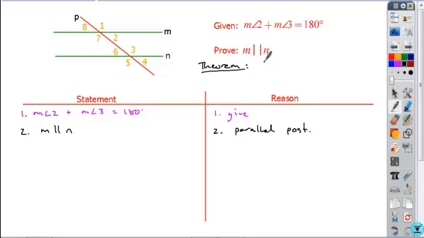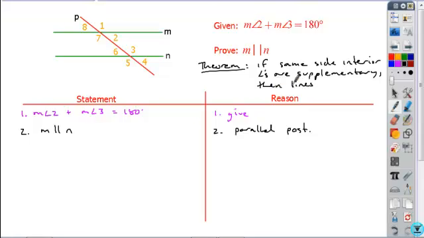And the theorem is set up in the following way. If same side interior angles are supplementary, then the lines are parallel. Look at the anatomy of this theorem.